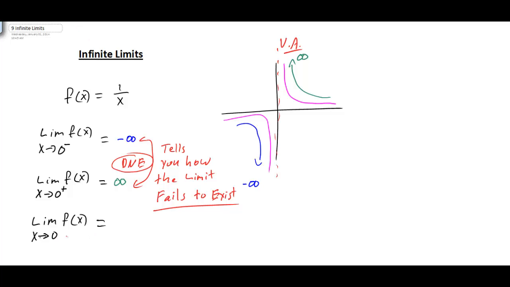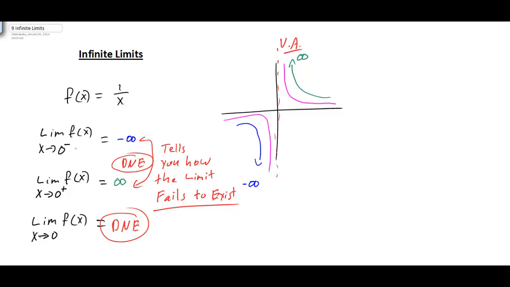So down here for the two-sided limit, as x approaches 0, we're looking at it from both the left and the right. So you would just simply say the limit does not exist.